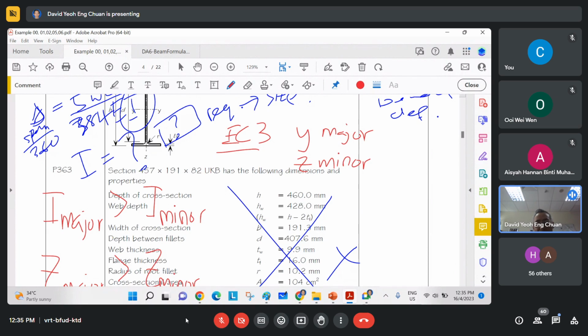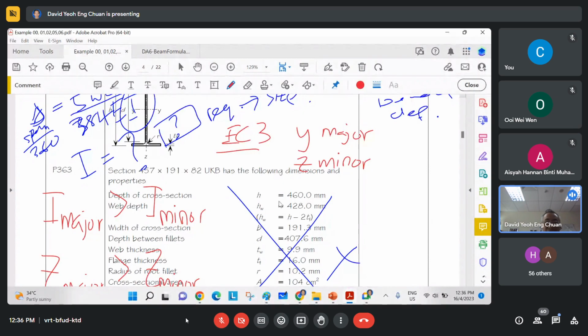This is different from Eurocode 2, and it's also different from British Standard. So as far as Eurocode 3 is concerned, for structural steel design, the major axis is given Y as the sign convention, and the minor axis is given Z, little z, as the sign convention.